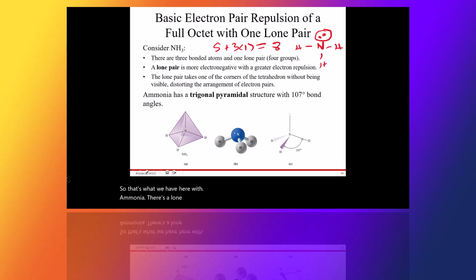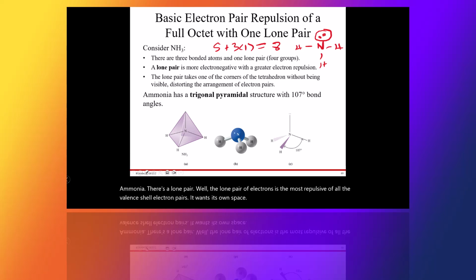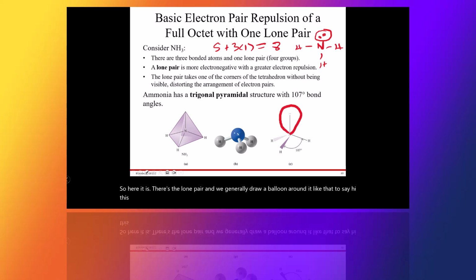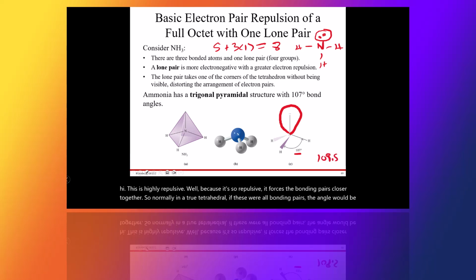Well, the lone pair of electrons is the most repulsive of all the valence shell electron pairs. It wants its own space. So here it is. There's the lone pair, and we generally draw a balloon around it to say, hi, this is highly repulsive. Because it's so repulsive, it forces the bonding pairs closer together. So normally in a true tetrahedral, if these were all bonding pairs, the angle would be 109.5 degrees.